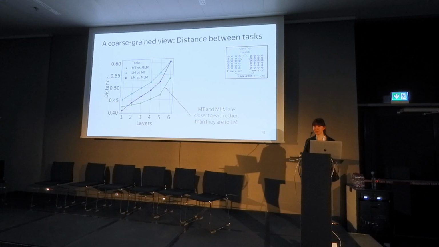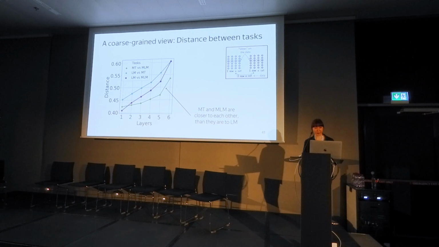But if you do think about it, you'll find at least two reasons for why a language model is less similar to other tasks. So first, it uses context of only previous tokens in a sentence, while both machine translation and masked language model have access to the whole sentence. And second, language model focuses on building representation of some other token, in this case, the next token, while machine translation encoder and MLM focus on the current token.